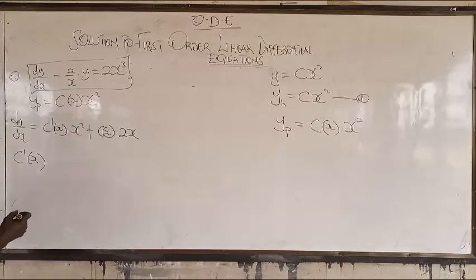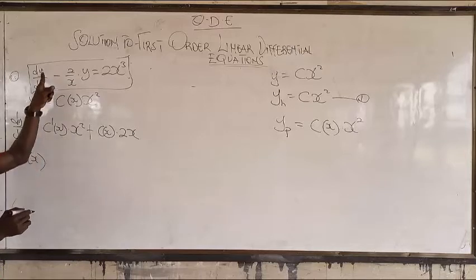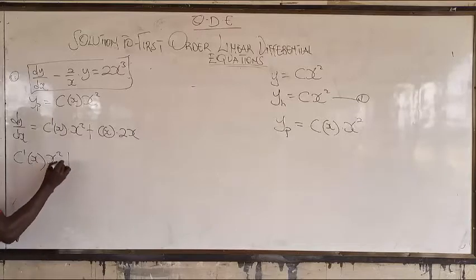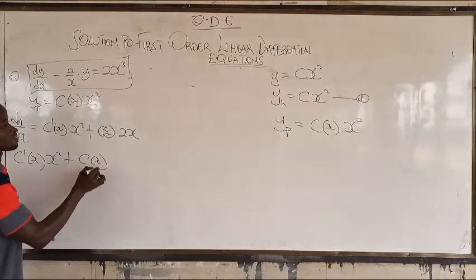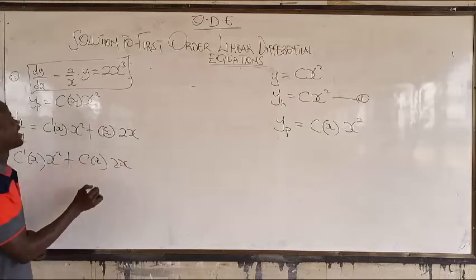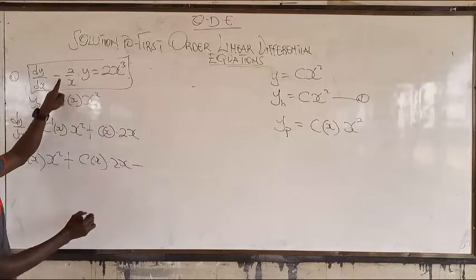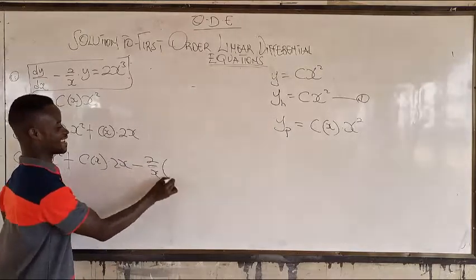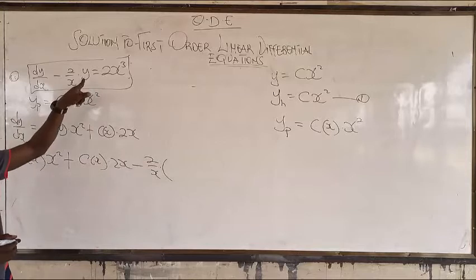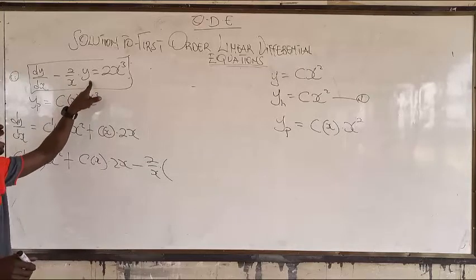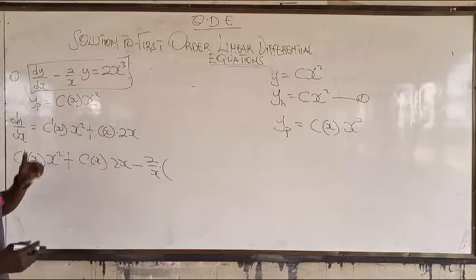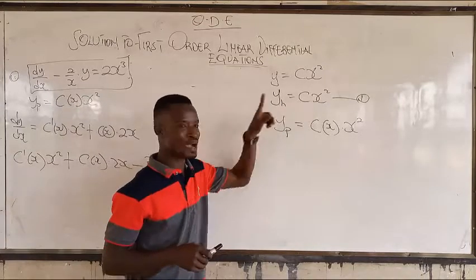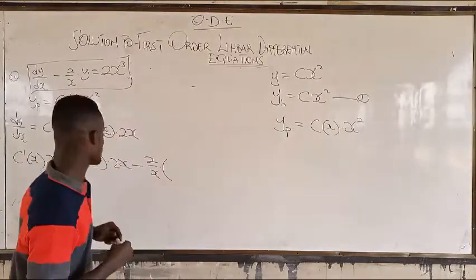So, wherever you see the dy dx, you replace the whole of this there. And that is, okay. So minus 2 over x, and that is multiplying the y. And we know the y to be this. Don't forget, the y is not this, but rather this.